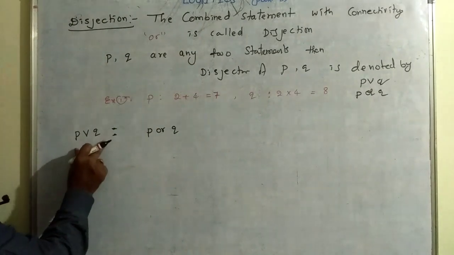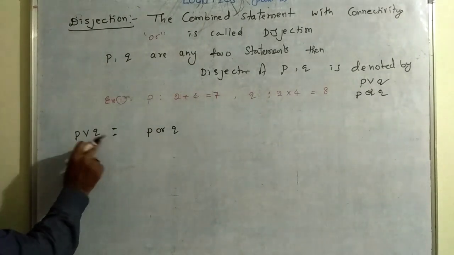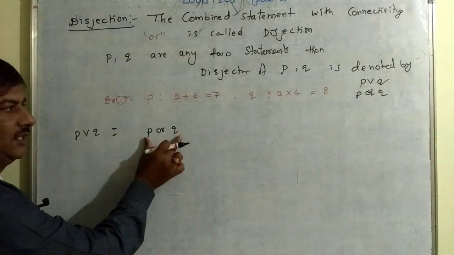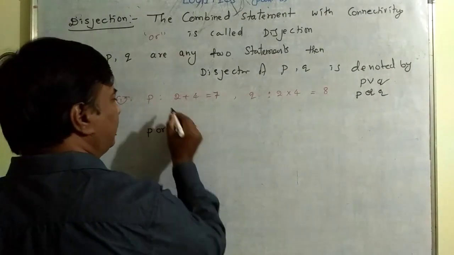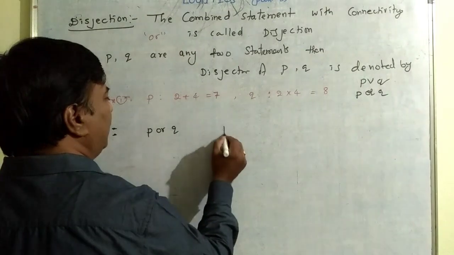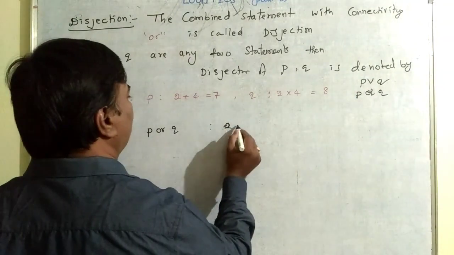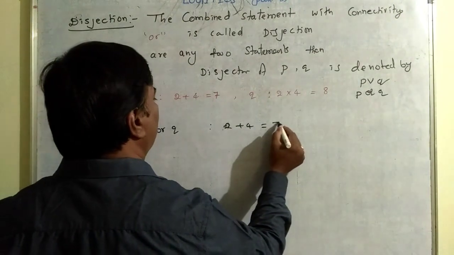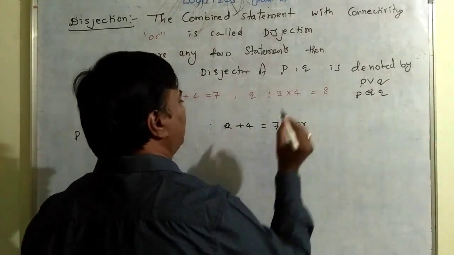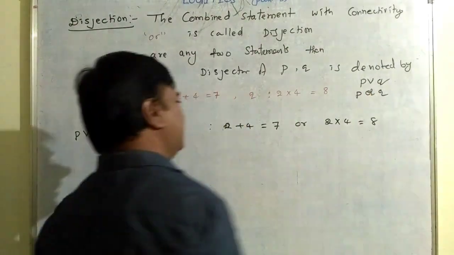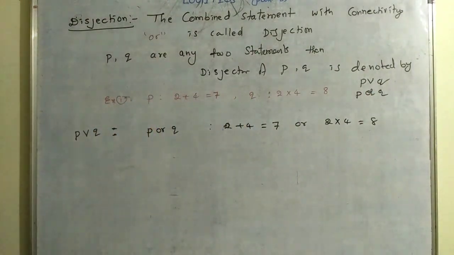That is, we are writing the combined statement P disjunction Q, which is P or Q: 2 plus 3 is equal to 7, or 2 into 4 is equal to 8. This is nothing but a combined statement.